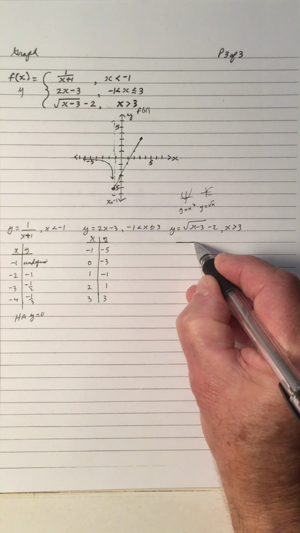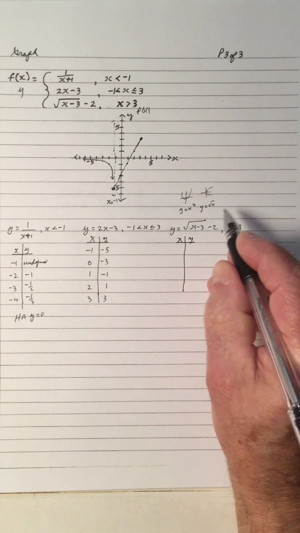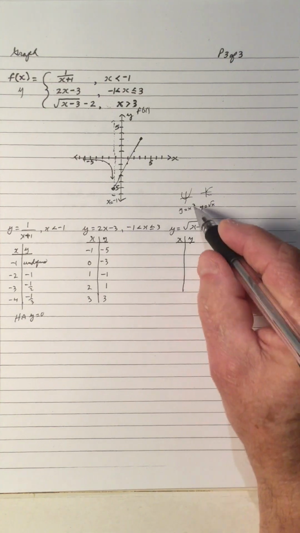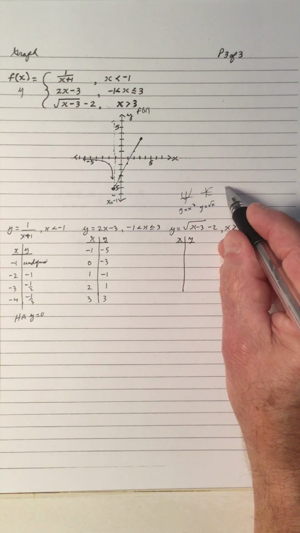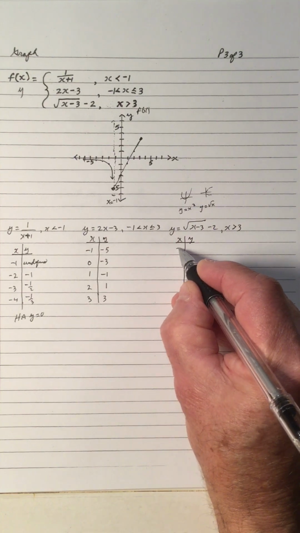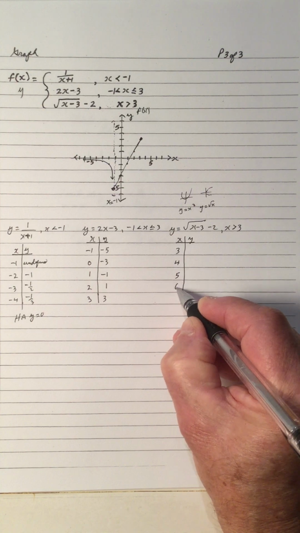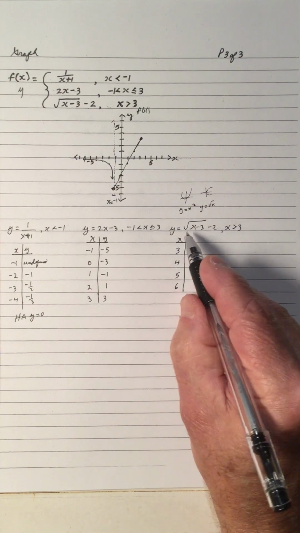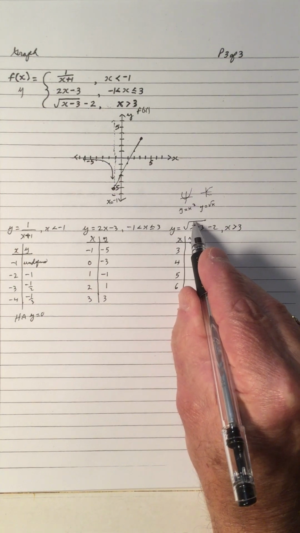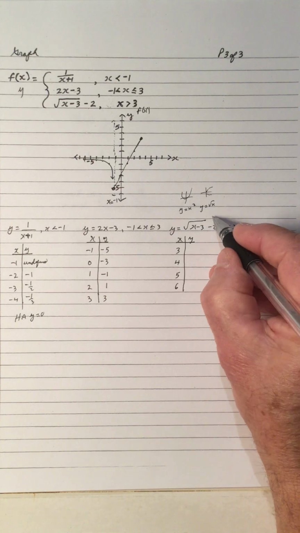So knowing that, the square root is a graph that, instead of going up and down, is going sideways. So we're looking at x is 3 and greater, we look at a 4, a 5, a 6. Notice that the square root of this number is positive, so that means it's going upward.